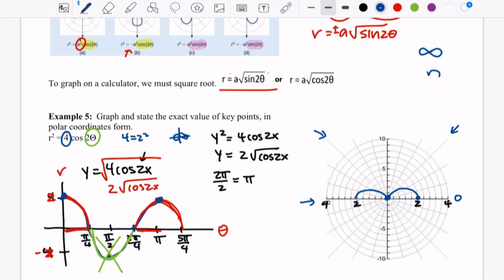Instead, this is graphing the top half, and then it's going to graph the bottom half, okay? So our next one would be 5 pi over 4. 5 pi over 4 is right here, and so that's going to end up graphing underneath. And then we're going to graph the underneath part as well.